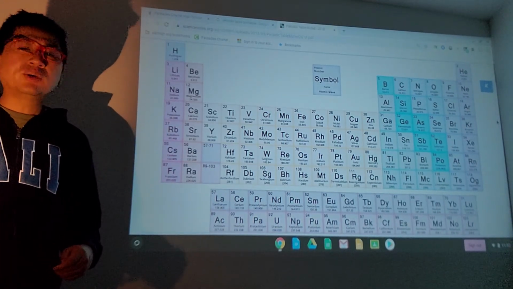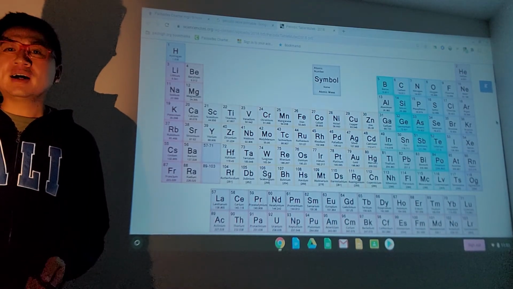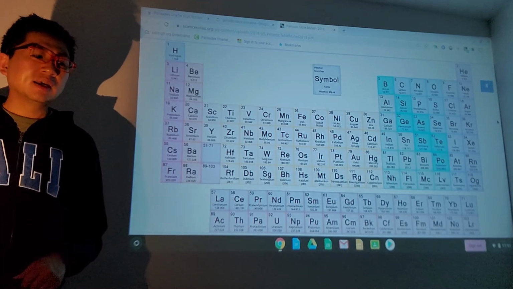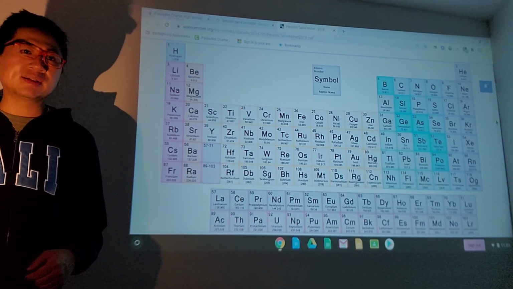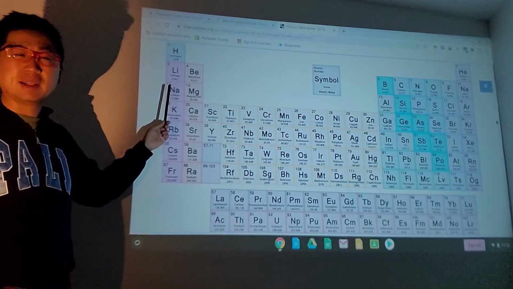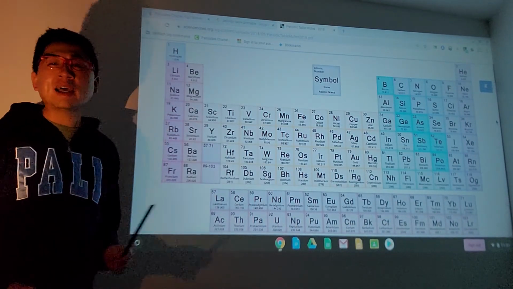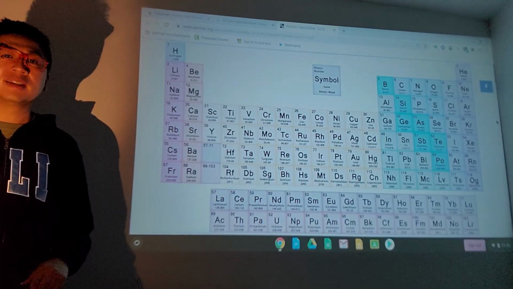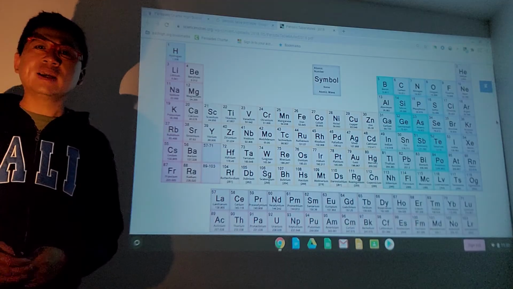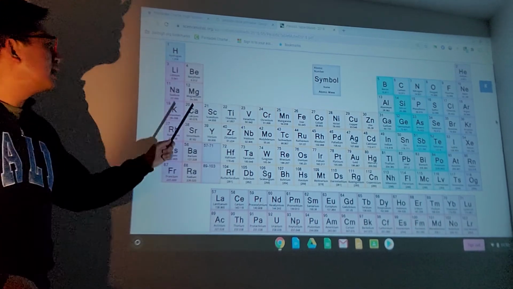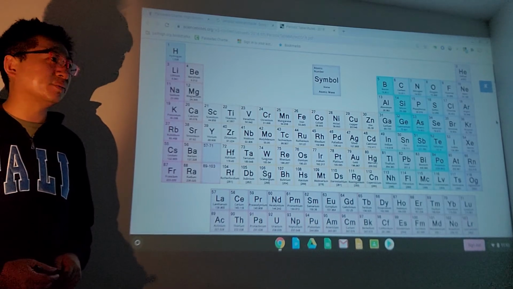Well, these symbols are international, and a lot of these names came from the old Latin or Greek names. I believe this one is Latin, the old Latin name for sodium was natrium. And so now that you know the old name of sodium is natrium, that makes total sense of why Na is the symbol for sodium.